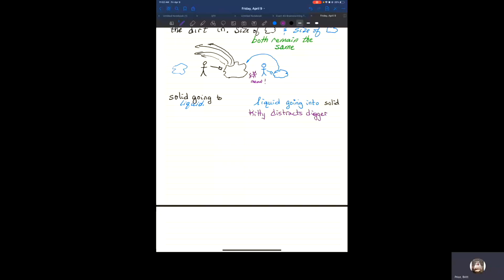What happens to the amount of liquid going back into the solid? It's going to go down, relatively speaking. Okay, so here now with the little distraction, we've got a new interaction. The rate of the liquid going back to the solid, the rate of dirt getting added back into the original pile, goes down.